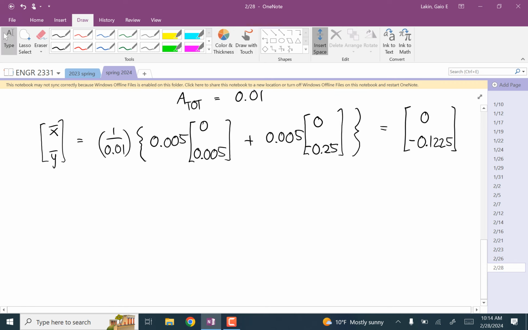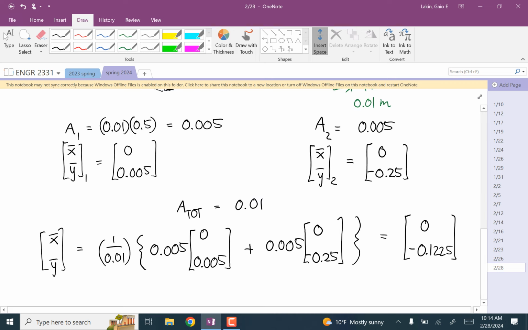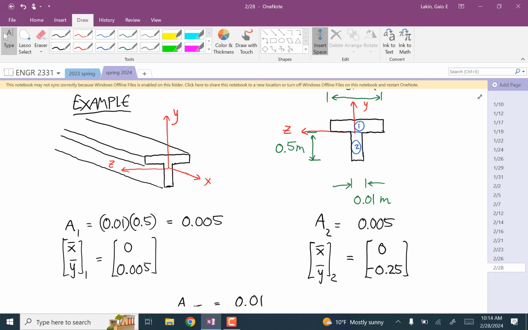Okay, so what we calculated is that this distance here is 0.1225.